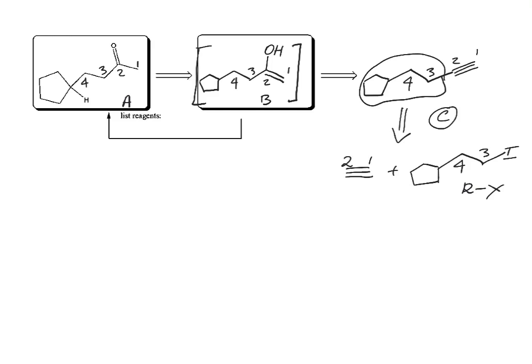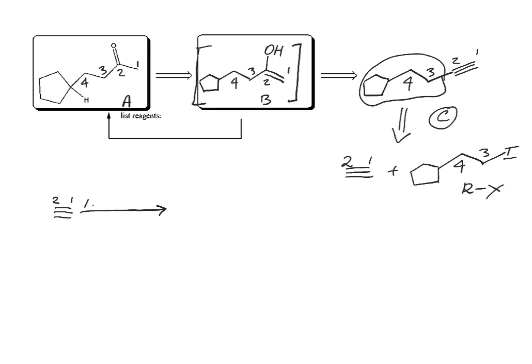synthesis. We always begin with acetylene. Those are carbons 1 and 2. And a carbon-carbon bond forming reaction or a chain extension reaction involves 2 steps.